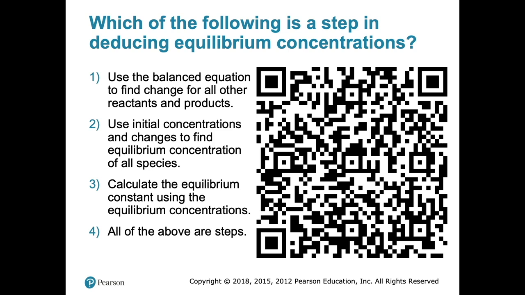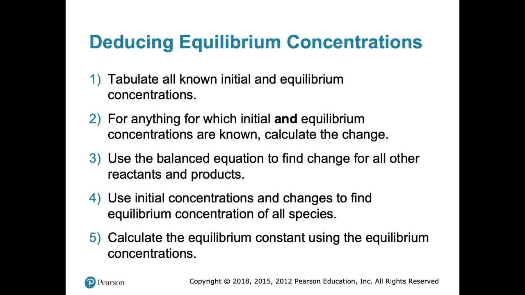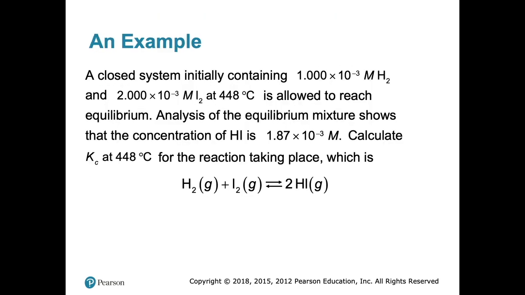I know I have all these steps written out pretty clearly here for you, in this little spot right here. But let's go through and do an example of how to do an equilibrium concentration. Here's an example of a question I might give you on a written portion of an exam: a closed system initially containing 1 times 10 to the negative 3 molar hydrogen gas and 2 times 10 to the negative 3 molar iodine gas at 448 degrees Celsius is allowed to reach equilibrium.